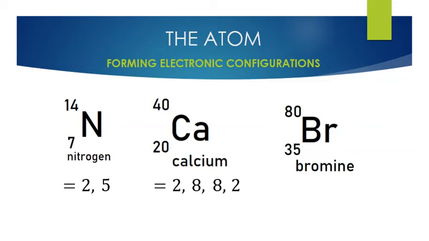Guys, this is chemistry and not English. So I just want you to remember that bromine is the 35th element on the periodic table. And because of this, its electronic configuration might have 18 in the third shell.